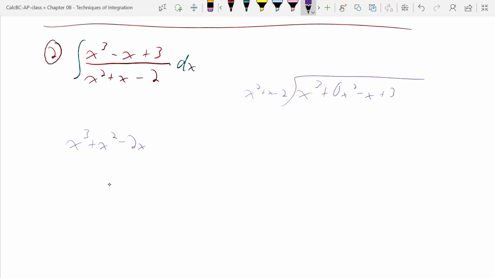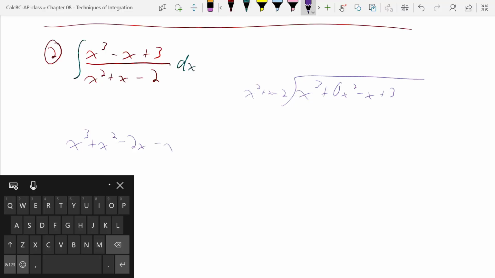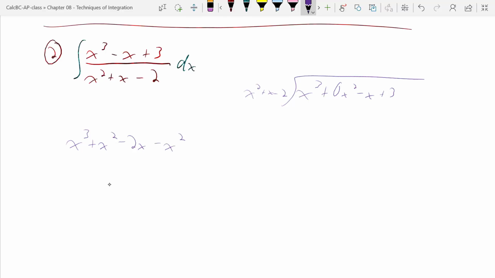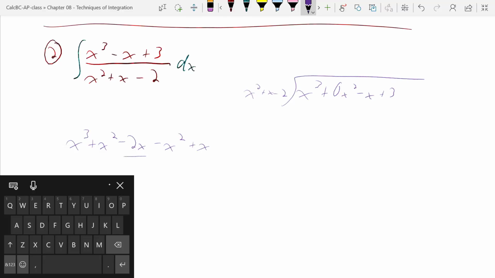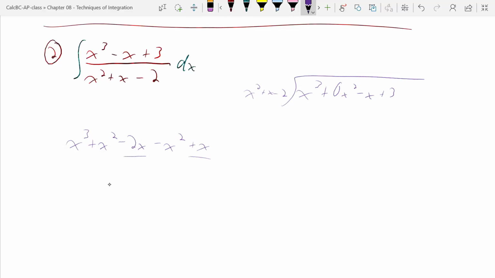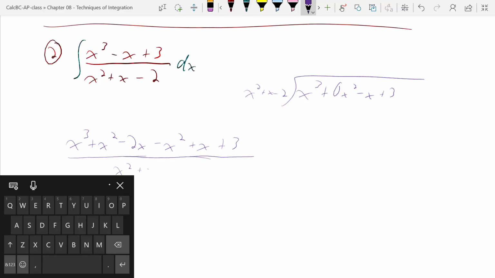Well then, there was no x squared term originally, so that means it's going to be a minus x squared. Then I need to add an x term to make sure this and this get back to the negative x, and then I have that plus 3 left over. And it's going to be all over x squared plus x minus 2.